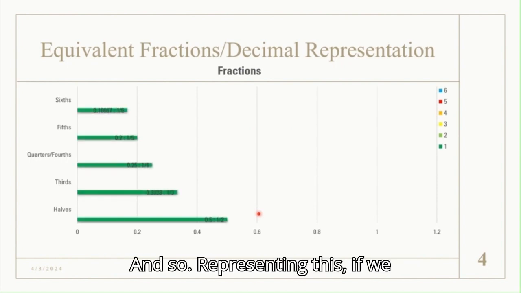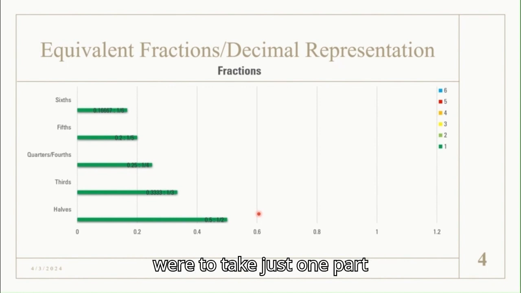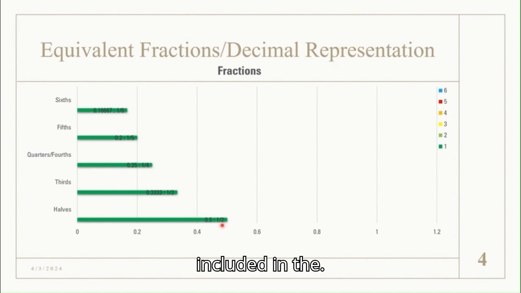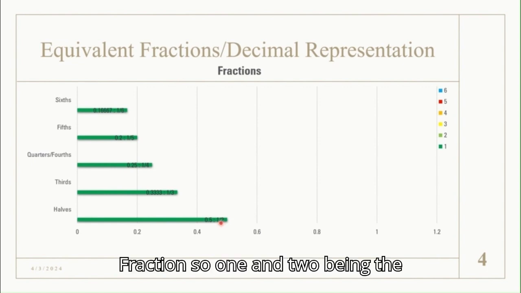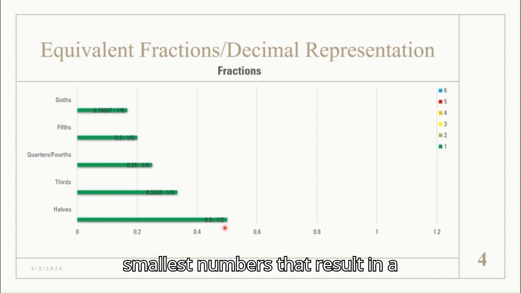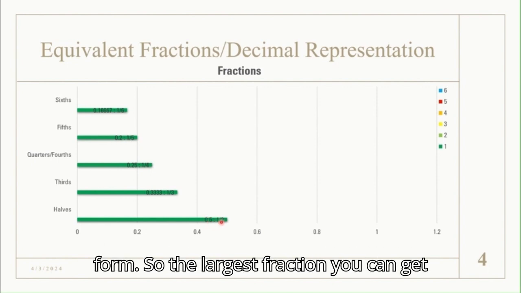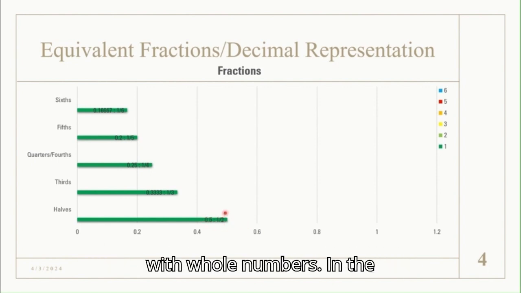If we take just one part of each of these values, 1/2 is going to be 0.5. So 1/2 is the largest fraction we can get with just whole numbers in the fraction. 1 and 2 being the smallest numbers that result in 1/2, or 0.5 in decimal form.